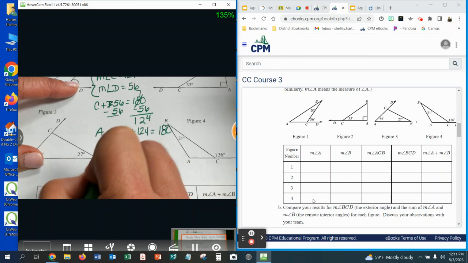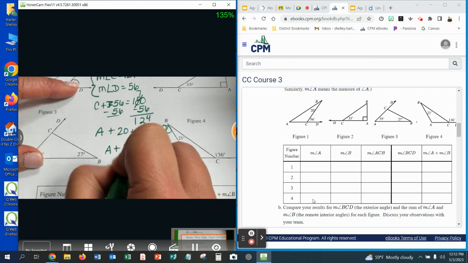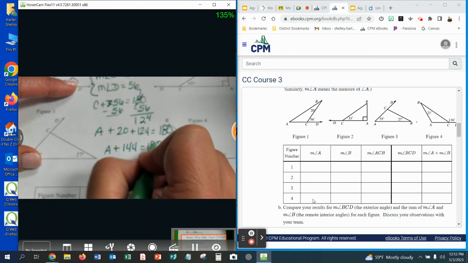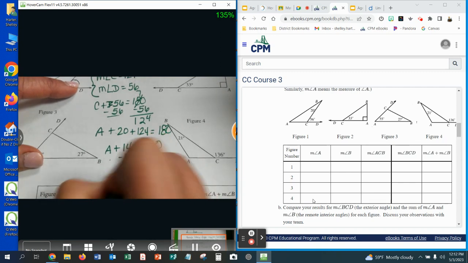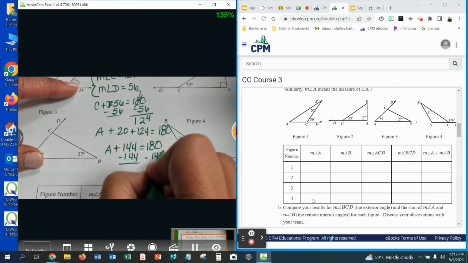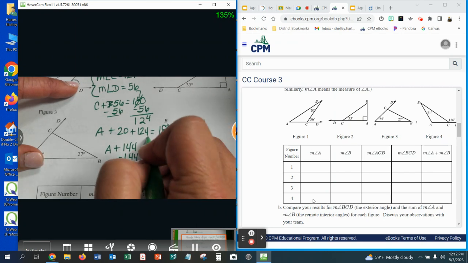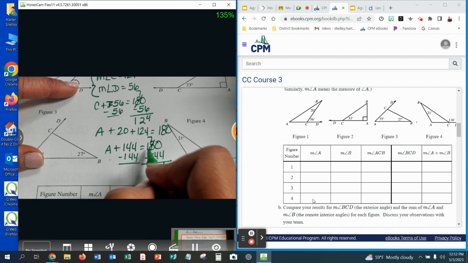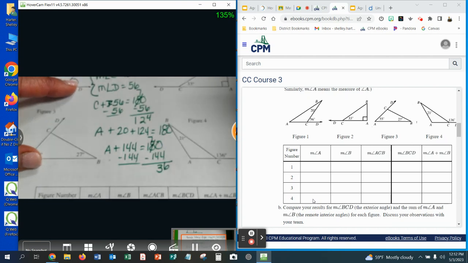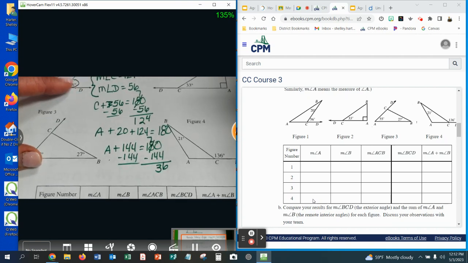We've got A plus 144 equals 180. Subtract 144 from both sides. So A is 36 degrees.